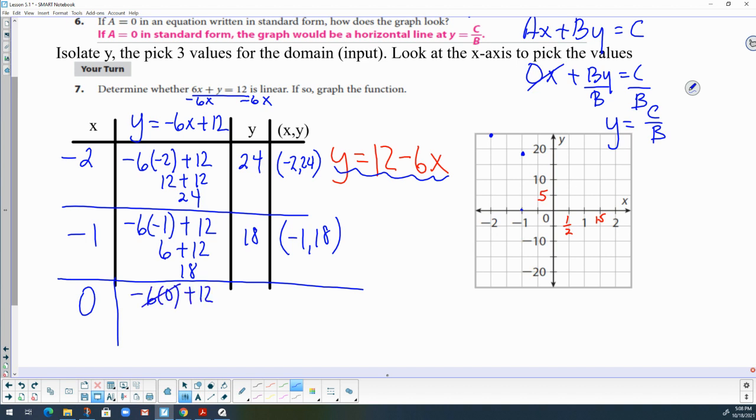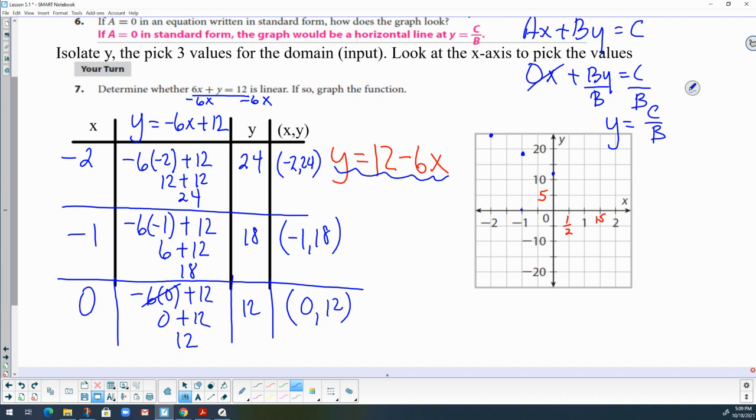So this here is 0 plus 12, so my output is 12. So this is 0, 12. Now I'm going to go over and graph that. So 10, 11, 12. So there's the next one.